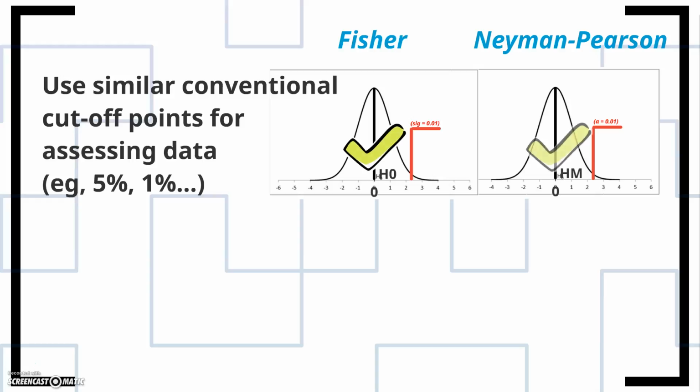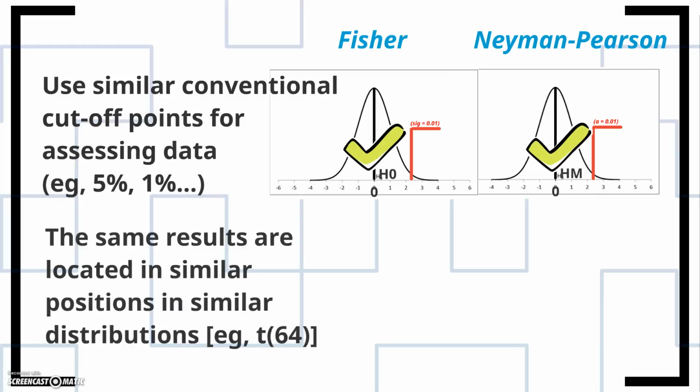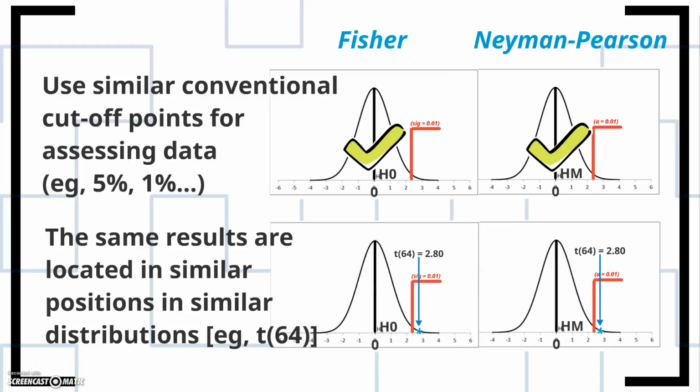So again, check and check. In case they get the same results and they are using the same distribution, for example a t-distribution with 64 degrees of freedom, will those results be located in similar positions within these distributions? And that's the case both for Fisher, check, and for Neyman-Pearson, check.